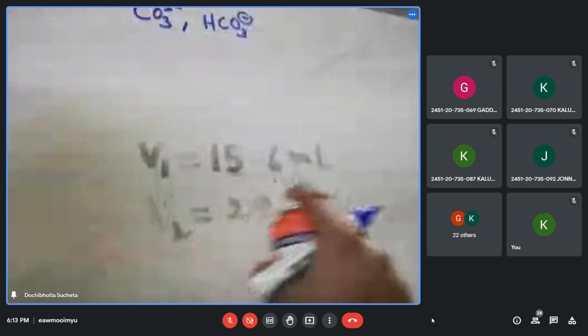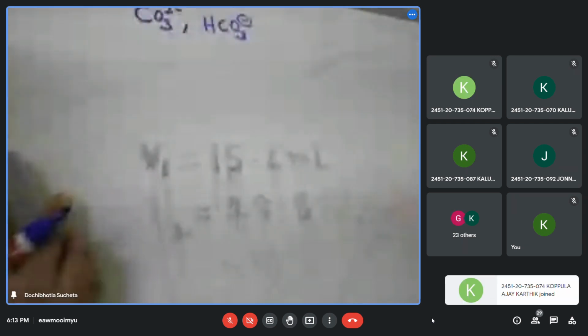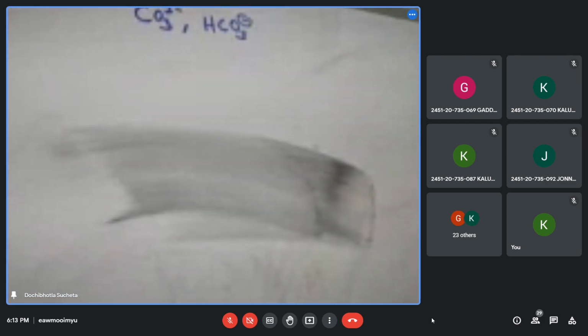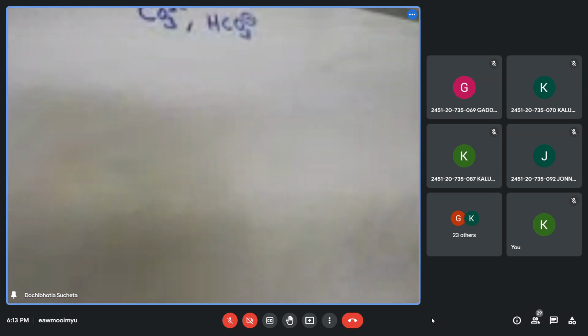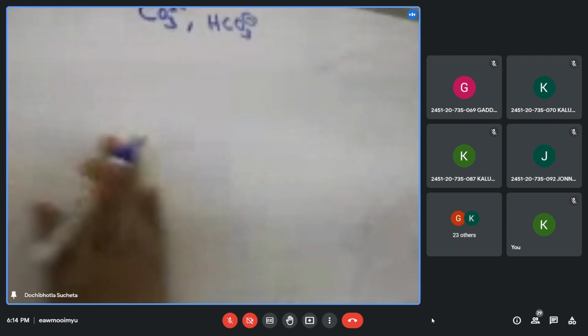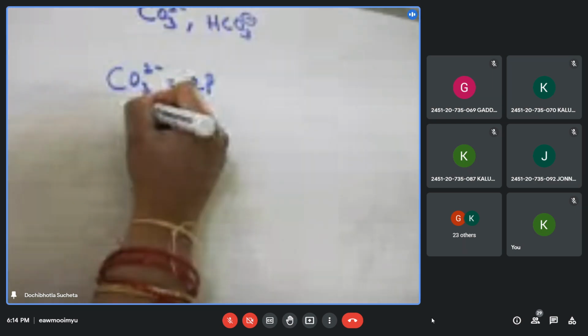Now P is equal to... what's the answer? Carbonate will be 2P. What is P equal to?